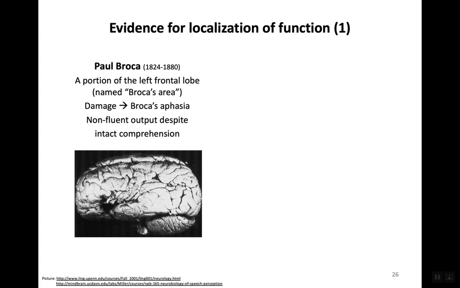What was even more interesting to many anthropologists was the fact that this individual had intact comprehension. So the question was quite obvious. Is it possible to encounter other patients that exhibit the reverse pattern of results? So damaged comprehension, with normal fluency, normal speech production.